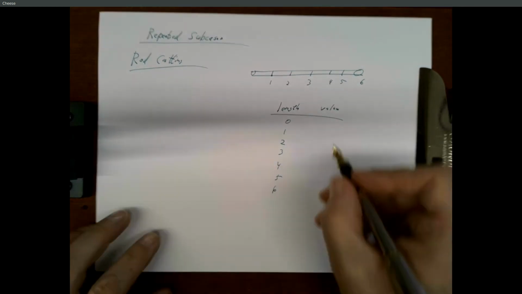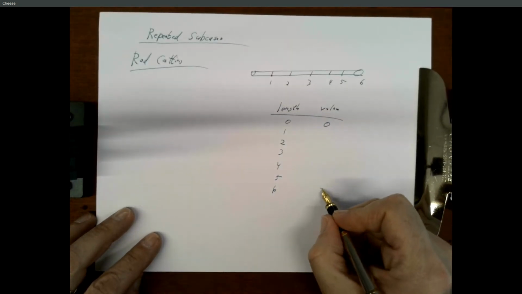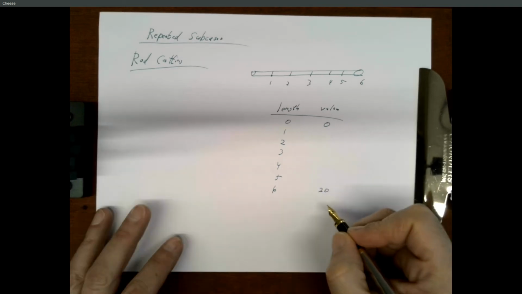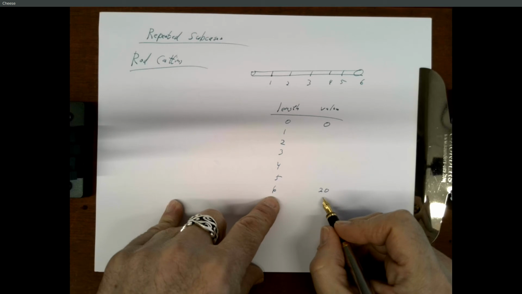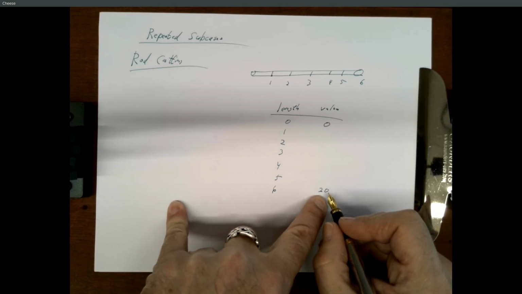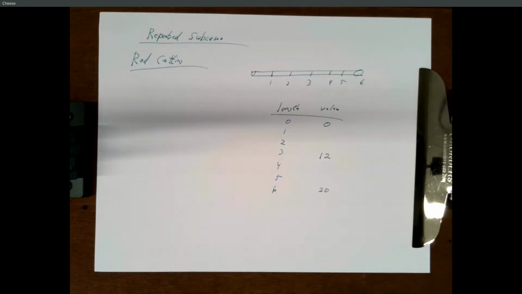And so if you have no length, well, it's probably worth 0. And the uncut rod might be worth $20. But cutting it in half might be more valuable, right? You could get a 6-inch rod for $20. You could cut it in half, and it would be $10 for 3 inches. But the act of cutting it in half for a customer is valuable, so maybe you can get $12 if you sell it as a 3-inch piece.